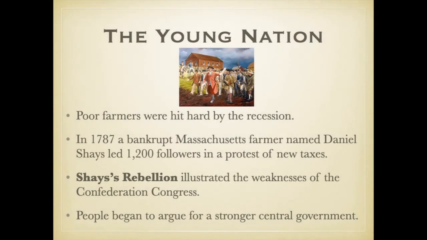Poor farmers were hit hard by the recession. In 1787, a bankrupt Massachusetts farmer named Daniel Shays led 1,200 followers in a protest of new taxes. Shays's Rebellion illustrated the weakness of the Confederation Congress. People began to argue for a stronger central government.